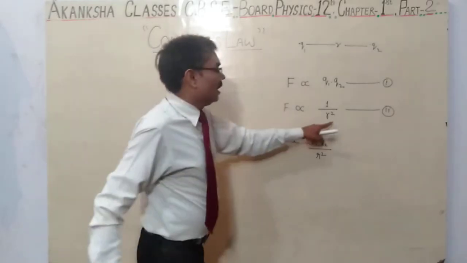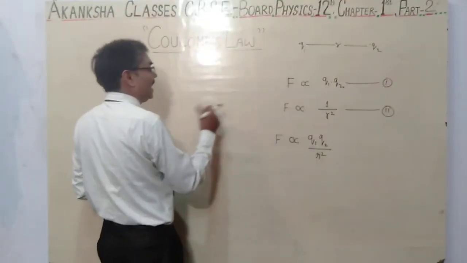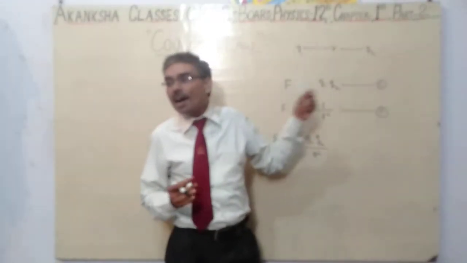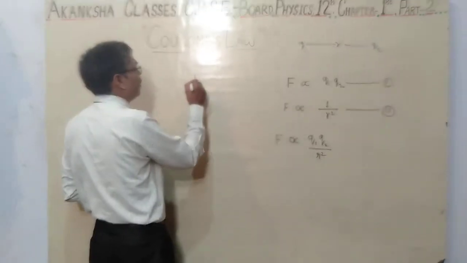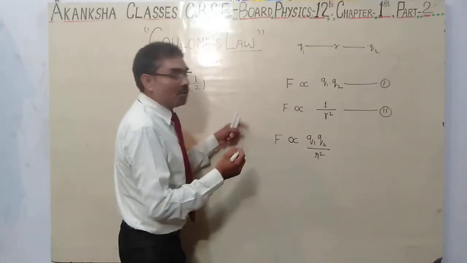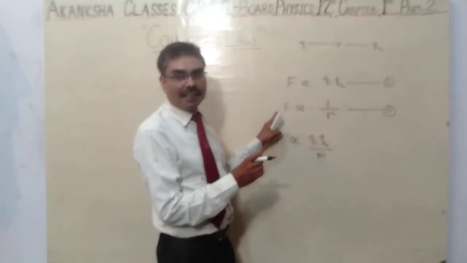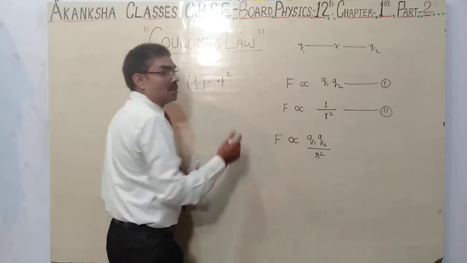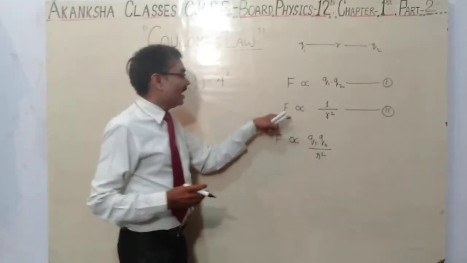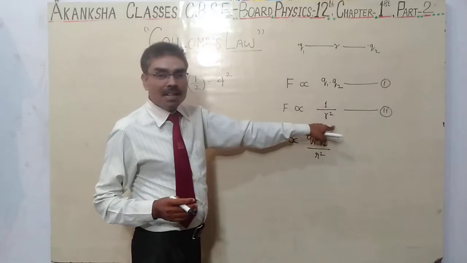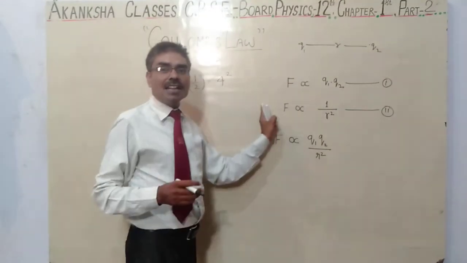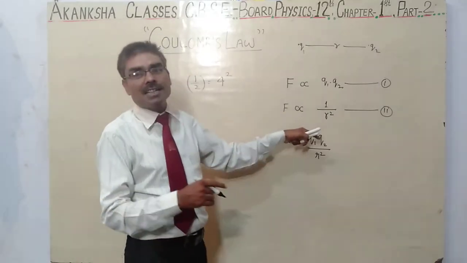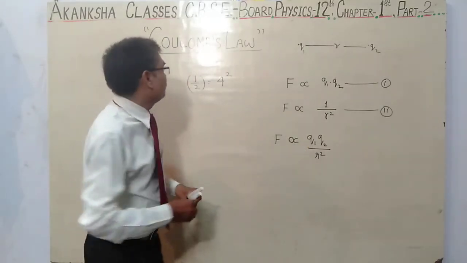But if separation is decreased by 2 times, this means if separation is made half of the previous, 1 by 2, the force exerted between two particles is 4 times stronger, because of the inverse square law that was recognized by Newton first, in giving the example of gravitational force.